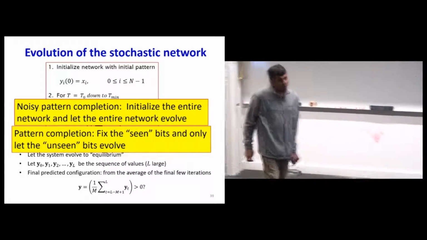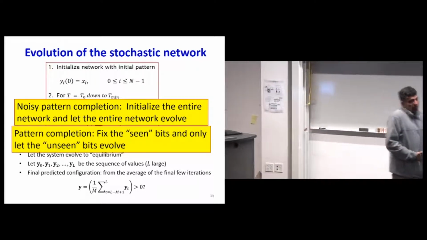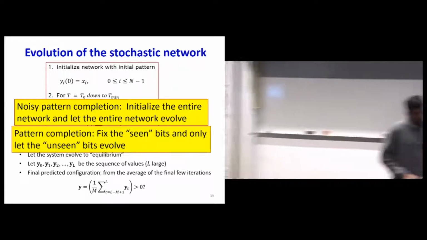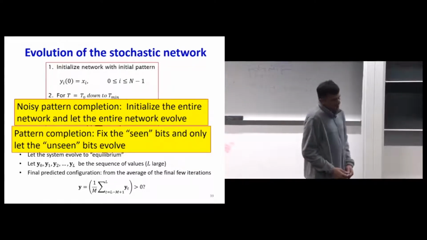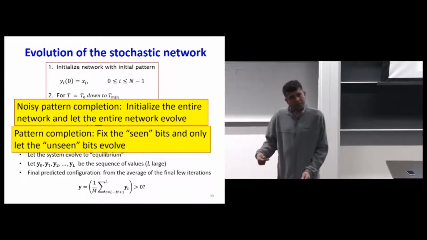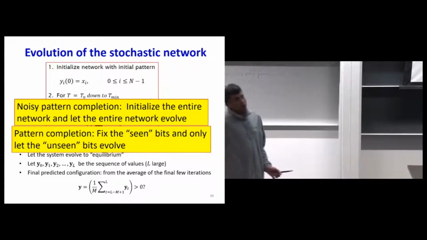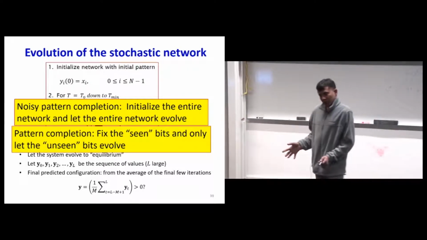So what you're really doing is finding the most likely value for the remaining bits conditioned on the portion of the pattern that you actually saw, that you're actually aware of. So you can actually show that this is a maximum a posteriori estimator. The Boltzmann machine now ends up being a probability distribution.